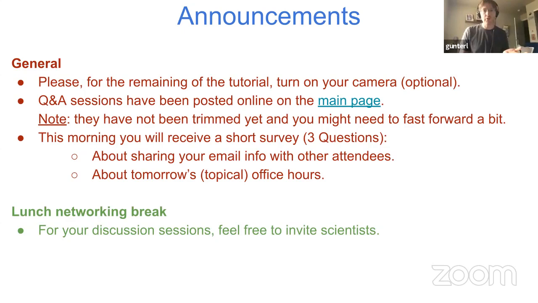Typically, when you're in person, you've signed a waiver because we take pictures of the main seminar room and other things, and you sign a waiver that it's OK for us to take a picture and to share some of your contact information. We haven't done this this year. So if you're not opposed to it and you'd be willing to share your email address, only your email address, with the other participants, please let us know. It's going to be a yes or no question.